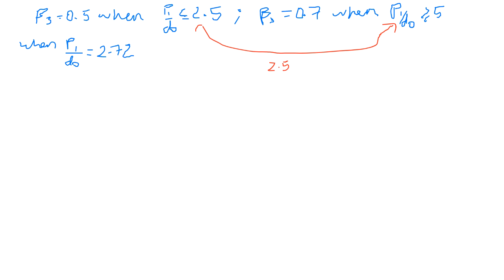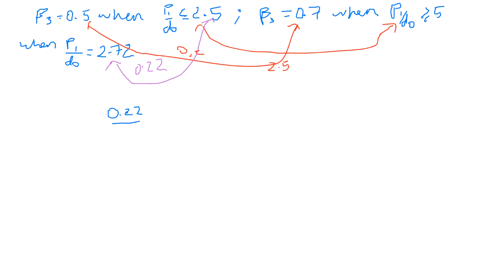The difference between this one and this one is 0.22. So it's that proportion higher than 0.5, so we're 0.22 divided by the difference between this one and this one, so it's divided by 2.5.